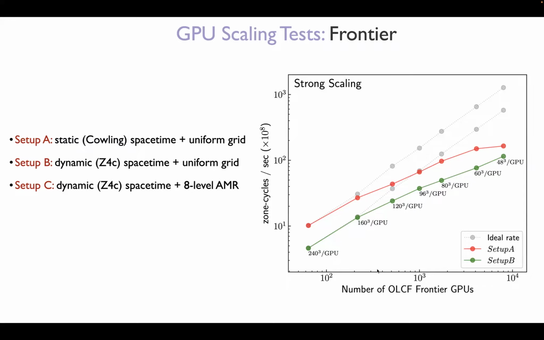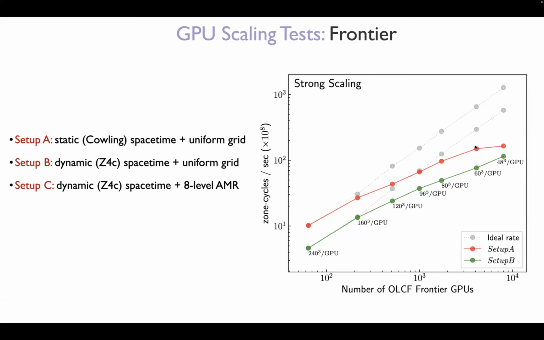On the right, I show some results for strong scaling, going from say a couple of GPUs to 8,000 GPUs, and we saw that we are able to scale not that well, but decently well, up to 8,000 GPUs with about 20% performance.